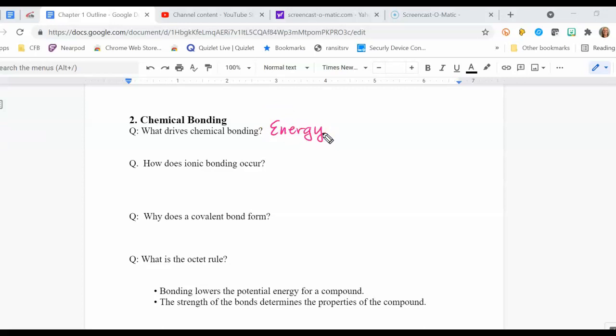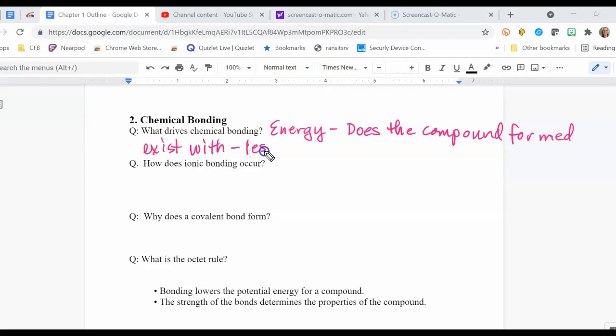The question we're trying to ask is, does the compound formed exist with less potential energy? The more potential energy you have, the greater the chance that you are going to have a more unstable compound. So the more stable a compound is, the less potential energy it has.